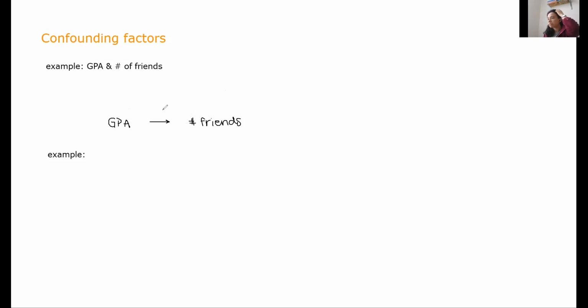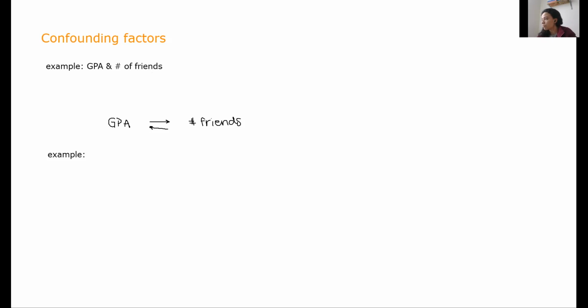There's no reason why necessarily if you have better grades, you would have more friends. Nor is there necessarily a link between having more friends and then as a consequence having a higher GPA, right? It's not necessarily because you have more friends that you have a higher GPA. What we said is maybe there's the possibility that there's a third variable that is affecting both the GPA and the number of friends at the same time.